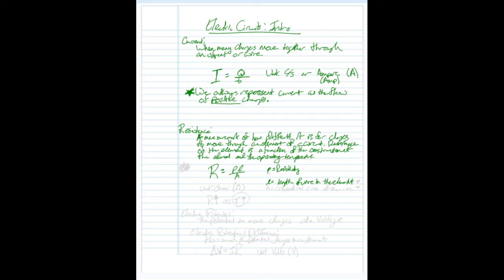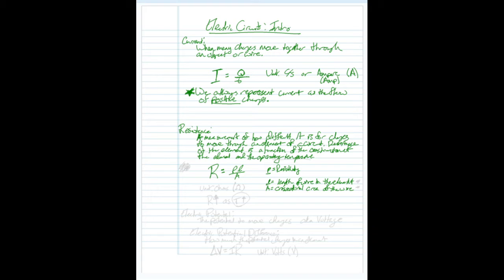In reality, when we do all of our work, we're going to pretend that a wire has no resistance. But in reality, a wire is made of a material, so it has a resistivity, and it has a length. It also has A, which is our cross-sectional area of the wire.